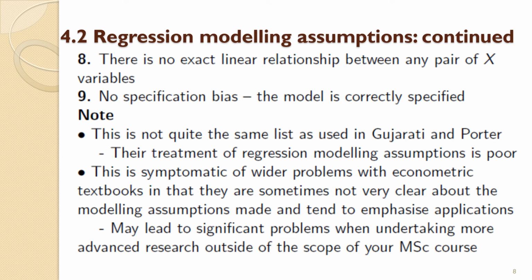And this is sort of understandable and fine for teaching material. I just worry that this lack of precision might lead to problems later on if you're doing more advanced study. So as said there on the slide, may lead to significant problems when undertaking more advanced research outside the scope of your MSc course.